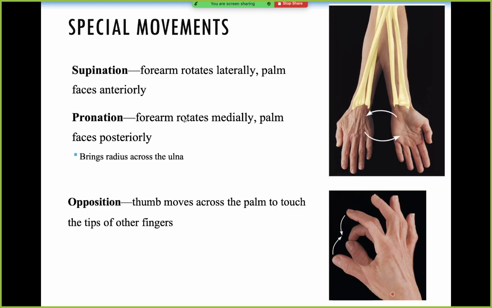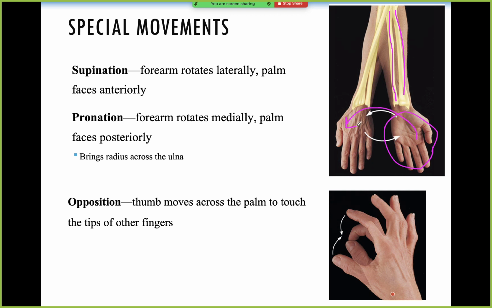Other types of special movements is going to be supination and pronation. When your palms face up towards the sky, it is called supination. I want you to notice that the radius and the ulna are parallel to each other. Now let's say you take the palms and face them down toward the ground.